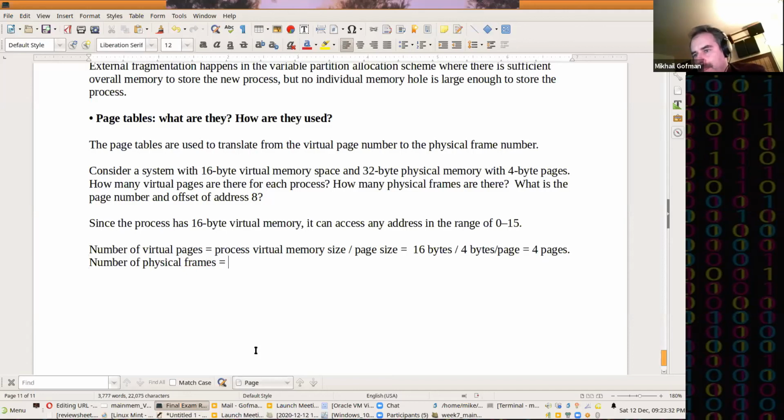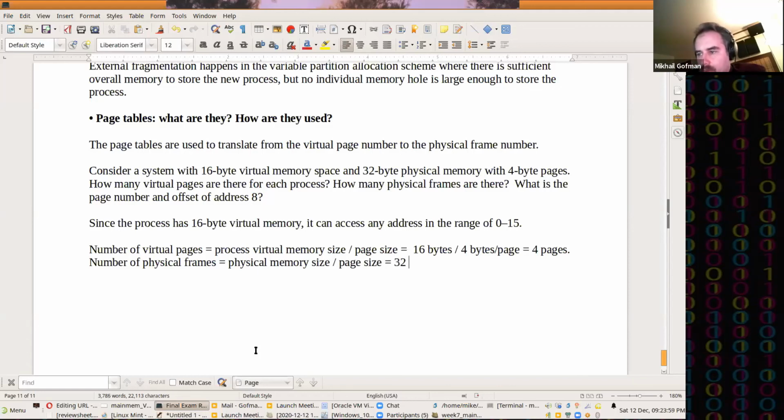Now, what about the number of physical frames? Well, to do that, we would divide the memory size by page size. Frames and pages are the same size, so the physical memory size is 32 bytes and the page size is 4 bytes.